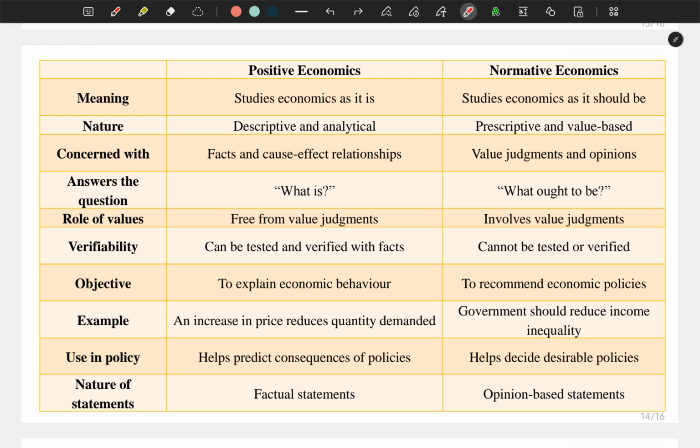Positive economics helps in predicting the consequences of policies, and normative economics in prescribing the policies. The nature of positive economics is factual statements, but normative is based on opinions.